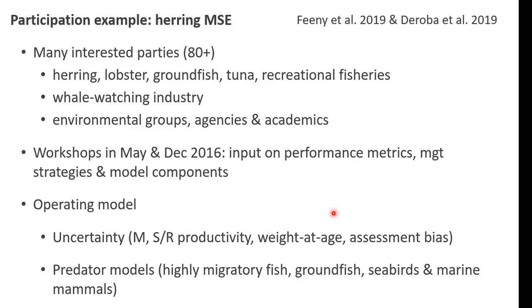So what they did was include models for those predators, which were not as complex as the simulation that they were using for the herring, but just gave an idea about what might happen to these other populations under the different management policy alternatives.